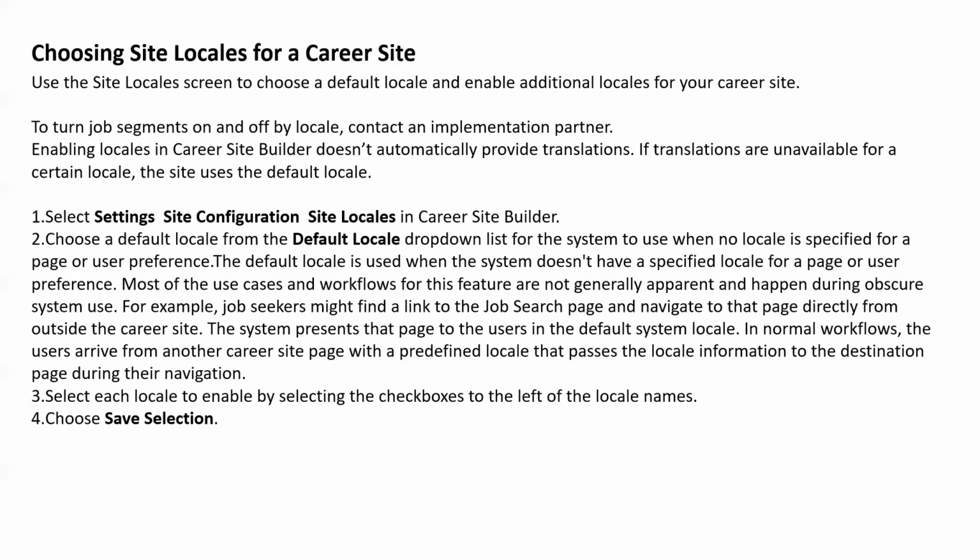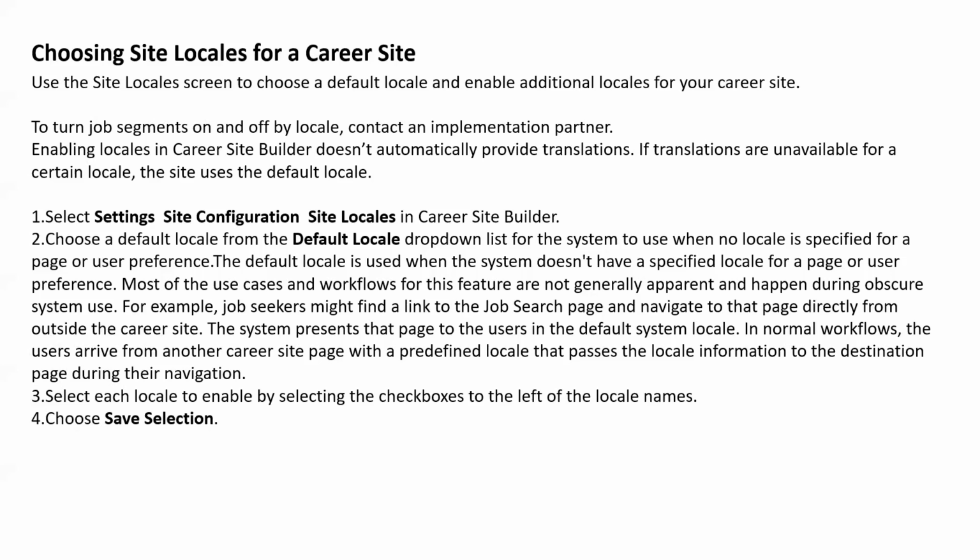In order to do that, you have to select settings, site configuration, and site locale, which is available in the career site builder, where you can select the local language from the drop-down. Once that's done, you select the default locale that you want to display in the specified local languages for the page.